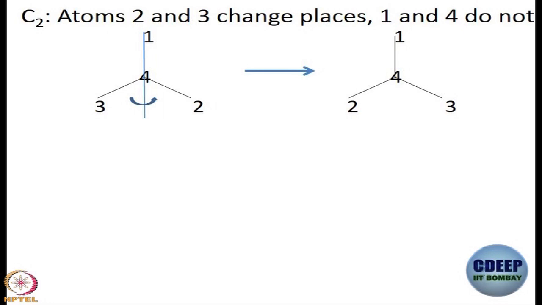Only 1 and 4 will make contributions, and 1 and 4 will make equal contributions. Are we clear? 2 and 3 move from their original position, therefore they do not contribute to the character. 1 and 4 remain in their position, therefore they contribute equally to the character.